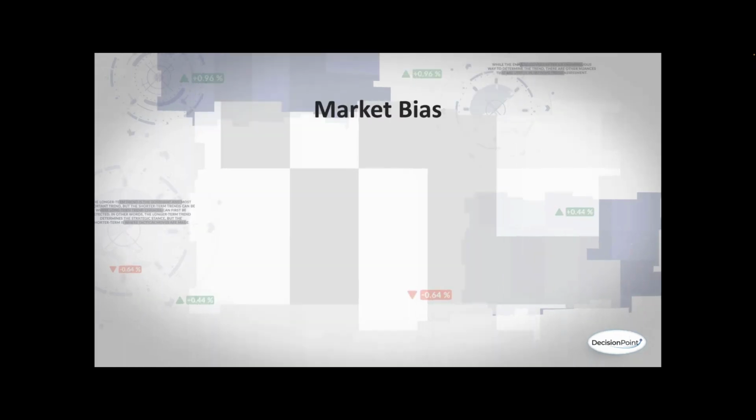The market bias is where we determine, based on the golden and silver cross, what that bias is. So let's just say if you have a golden cross on a stock or an index, you have a bull market configuration on your chart.